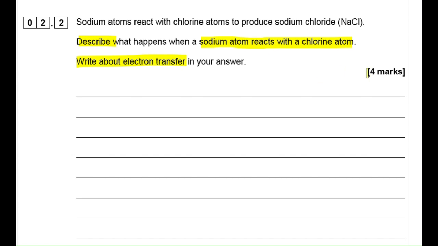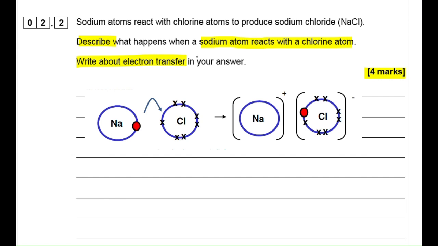So we can look at a diagram here, and if we look at this little diagram, the sodium atom has got this electron in its outer shell, which it transfers to the chlorine atom. So then we have a sodium 1 plus ion, which is 1 electron less, and a chloride 1 minus ion, which has got an extra electron.